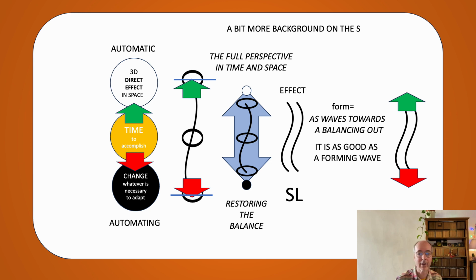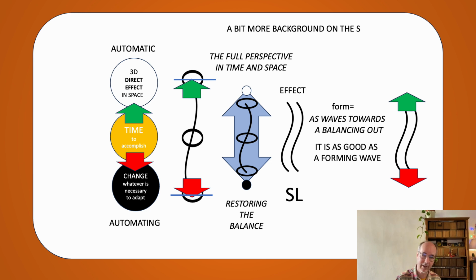It will try to form a visible effect. So the S plus L will show you also more about how it is best to form something as good as it can, and it does this by balancing out the making and the changes, a bit like a wave between everything.